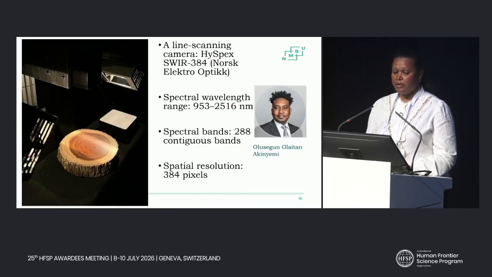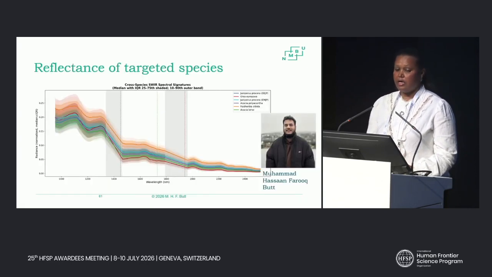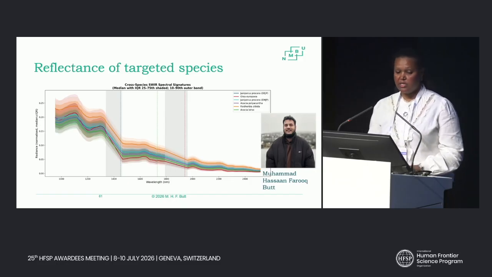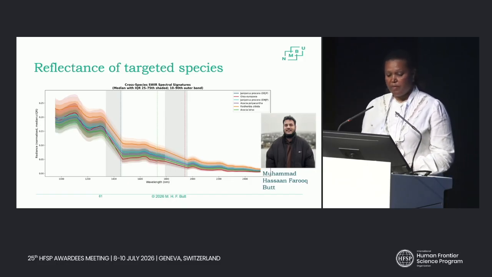The hyperspectral image acquisition and processing is done by Sagun in our lab at NMBU. These are details about the camera, the wavelengths, spectral bands, and resolution. And all the AI models are developed by our member, Hassan. So all the results I will be presenting from now on were produced by Hassan.